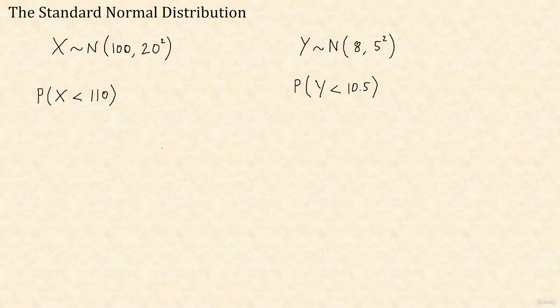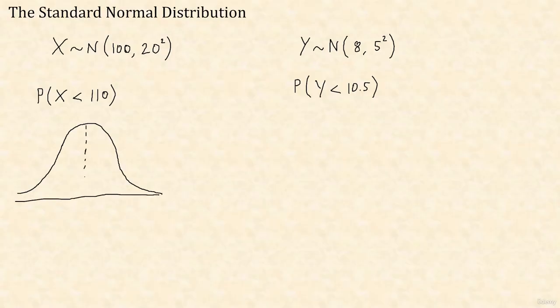Now, here's why. Suppose I think about the normal distribution that represents the variable x, and I put in the mean, which is 100, and I put in 110. Okay, so we're looking for the probability of being less than 110.